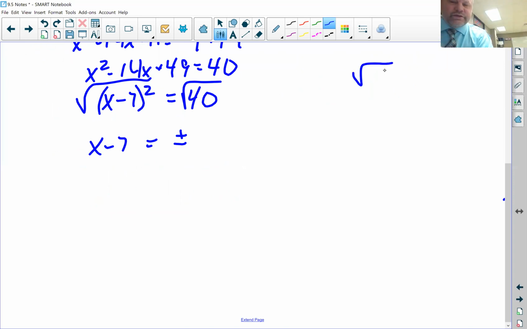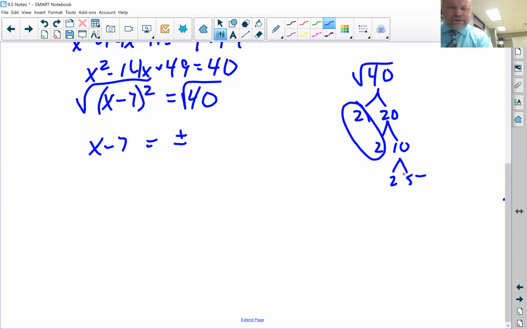Can it be reduced? Can we take out a perfect square factor? 40 is even, so we can break it down into 2 times 20. 20 is even, so that's 2 times 10. 10 is even, that's 2 times 5. So we do have a perfect square factor and a couple of non-perfect square factors.